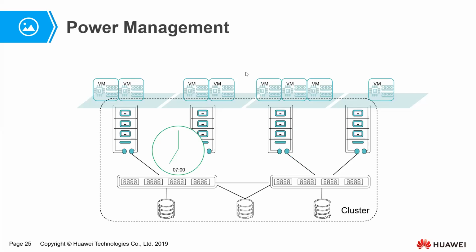So let us look at the distributed power management feature. Basically this is just to help you. What happens is that during off-peak hours, when you're not using all the resources, it will get some of your virtual machines.